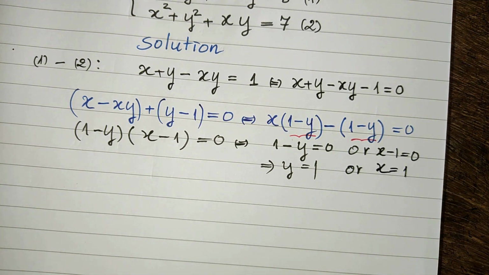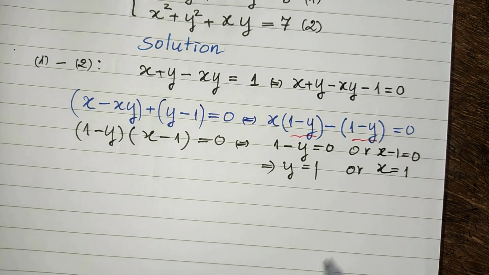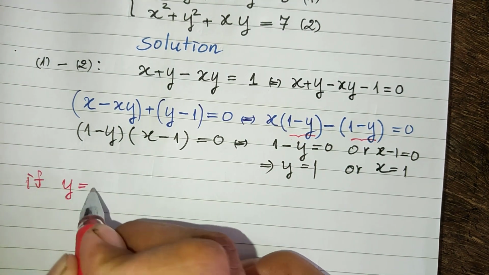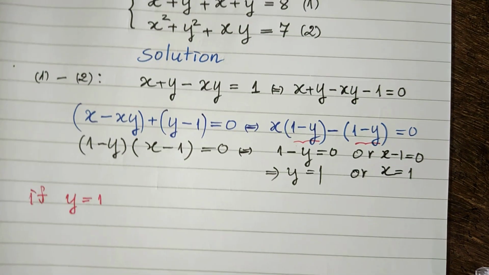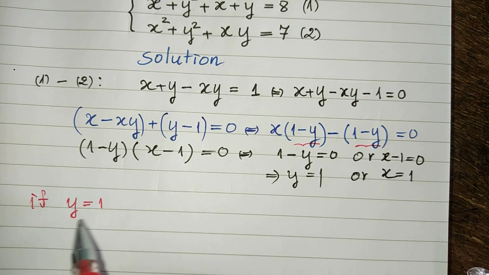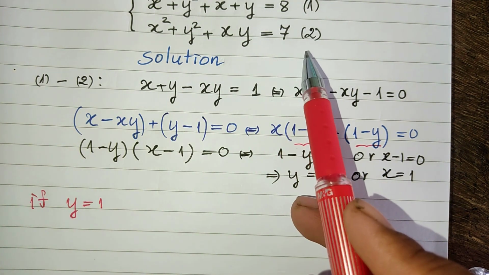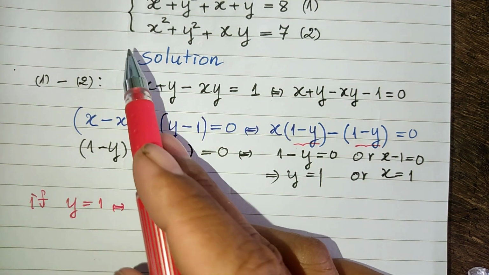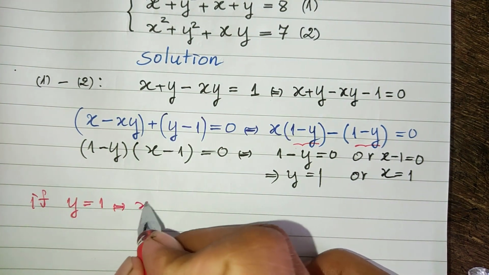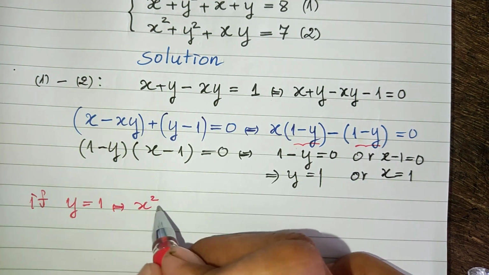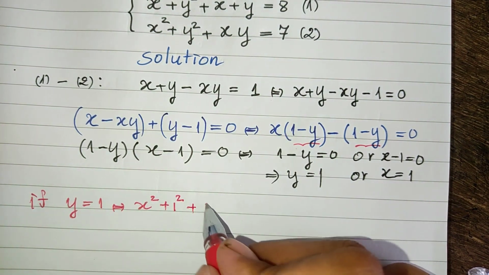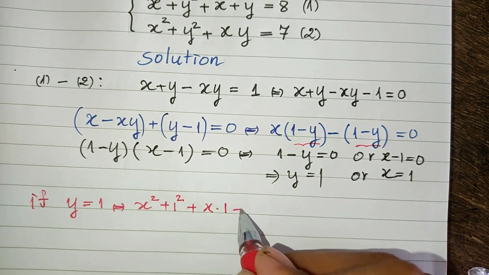Now, if y equals 1, I replace y equals 1 in the second equation. So we get x squared plus 1 squared plus x multiplied by 1 equals 7.